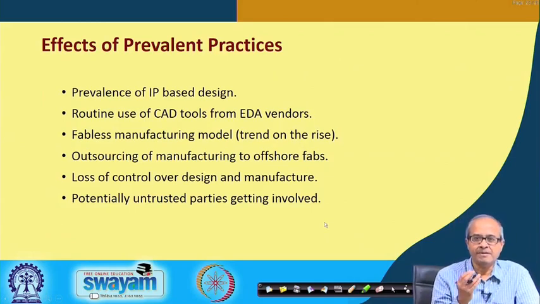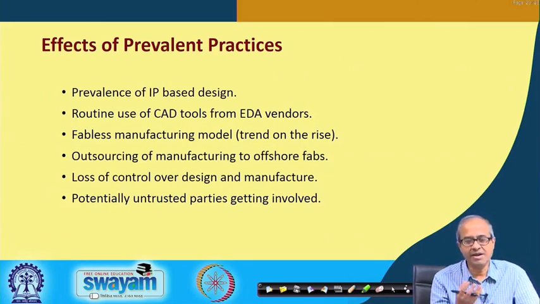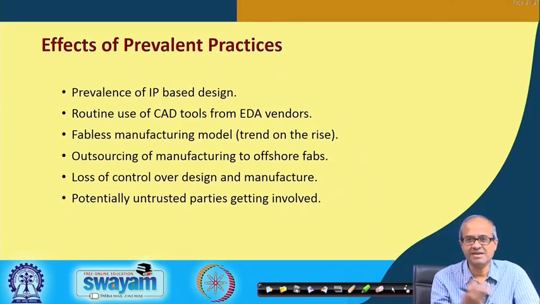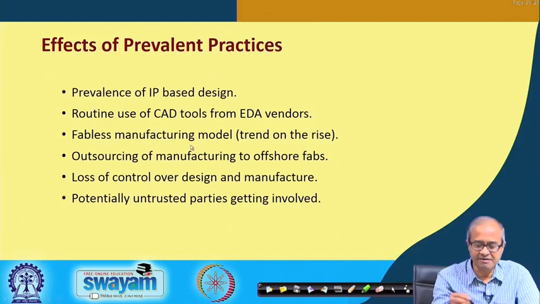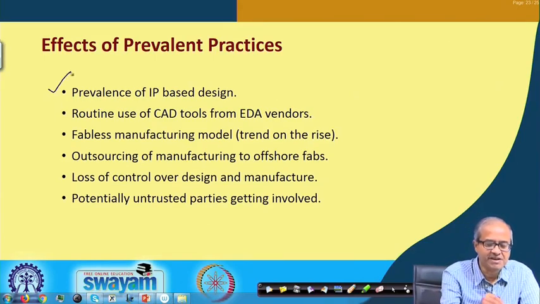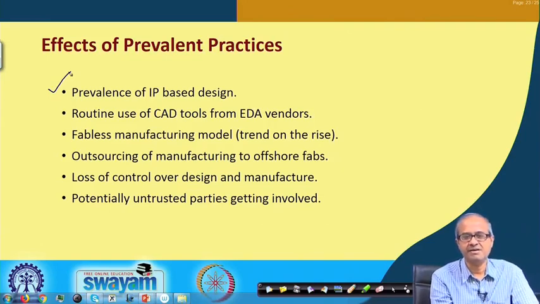Now, there are several reasons why a trojan might get inserted in a design in a chip. Well, here are a few points which have been listed. So, maybe one or more than one of these points are responsible for that. First is prevalence of IP based design.